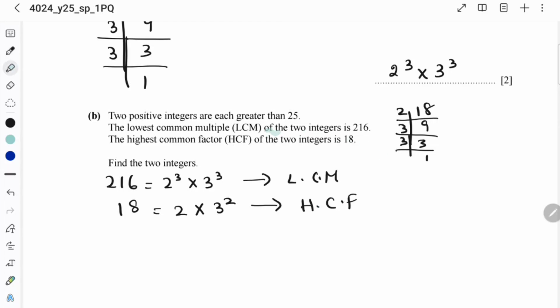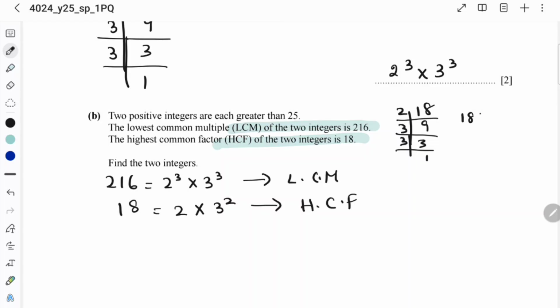So LCM is 216, HCF is 18. When the HCF is 18 and we need to know what the numbers are, we'll be looking in the 18 times table. The two positive numbers are each greater than 25, so we'll have to look for numbers more than 25.